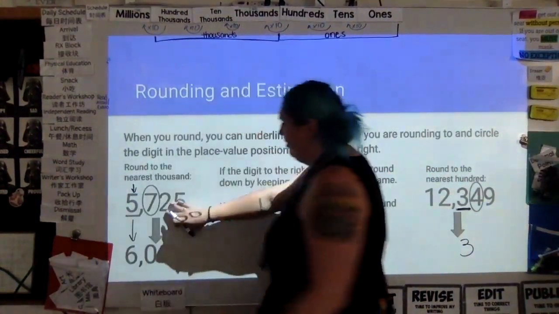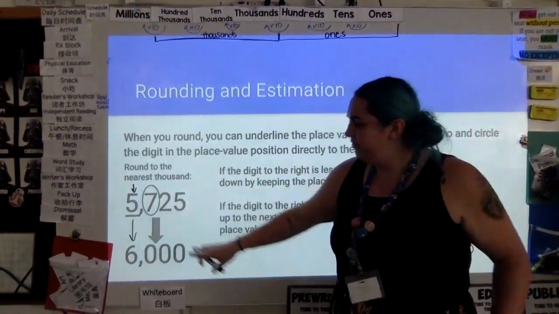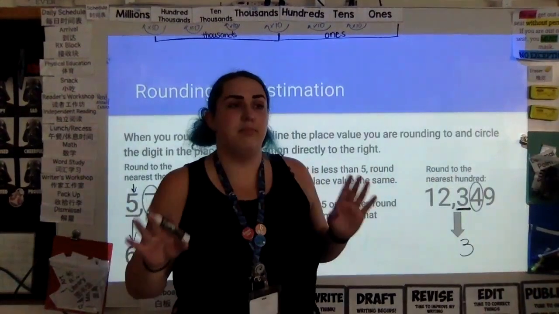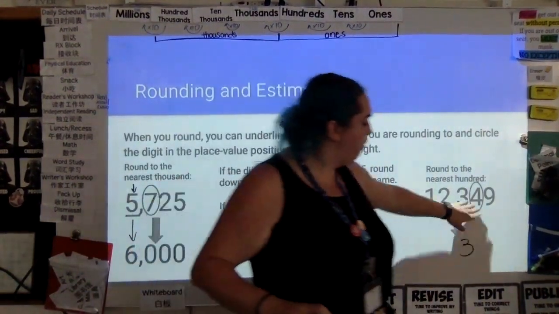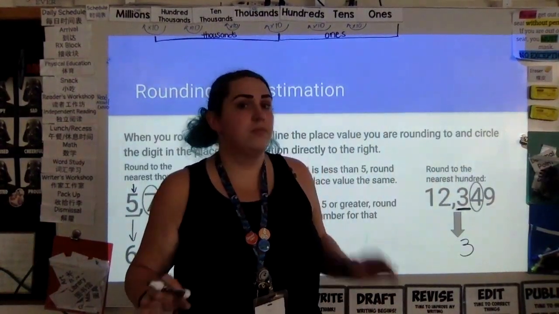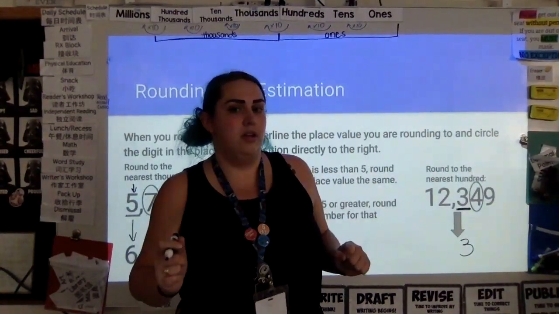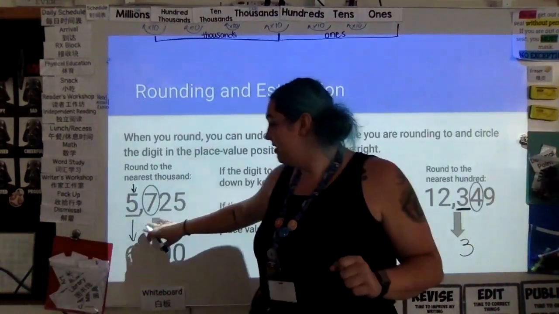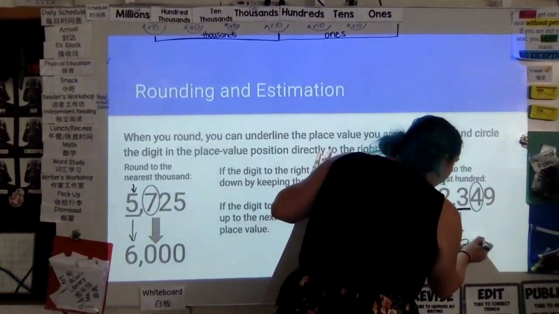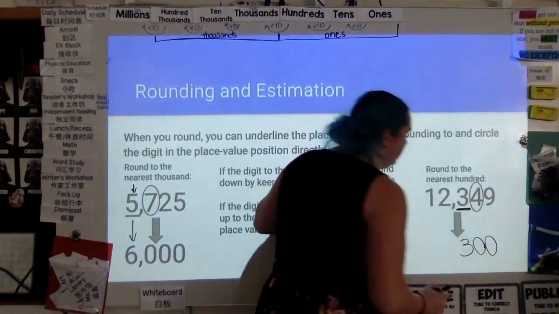In this example, my 7, my 2, and my 5 became zeros. So take a second and think about what is going to happen to my 4 and my 9. If these digits all turn to 0, this 4 and this 9 are also going to turn to 0.